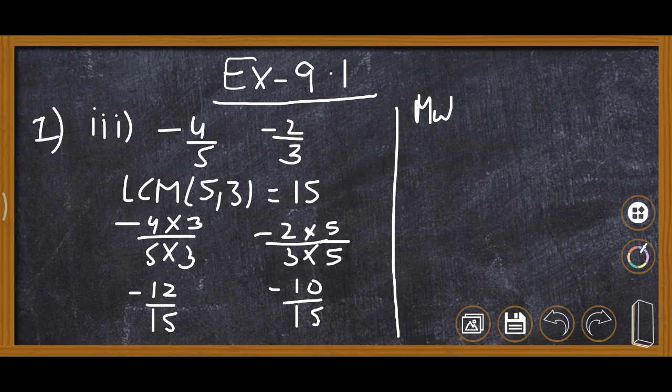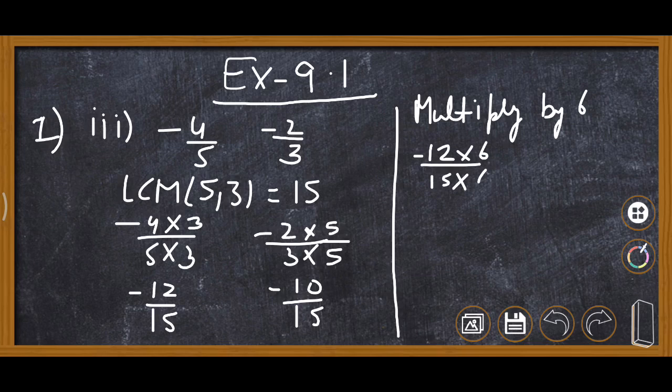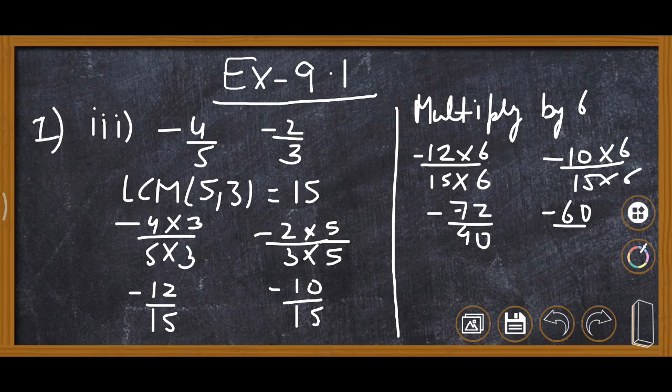Now multiply it by 6. Then -12 upon 15 multiply by 6 to numerator and denominator, and -10 upon 15 multiply by 6 to numerator and denominator. Now this is -72 upon 90, and this is -60 upon 90.